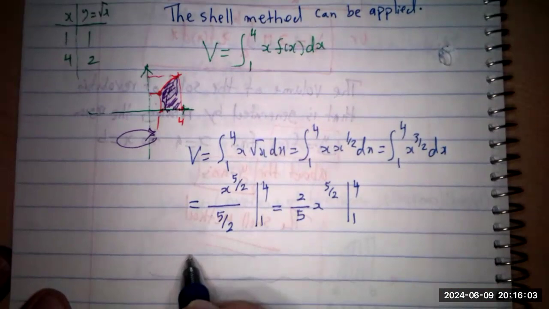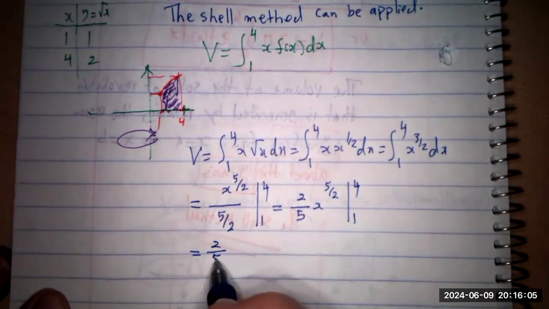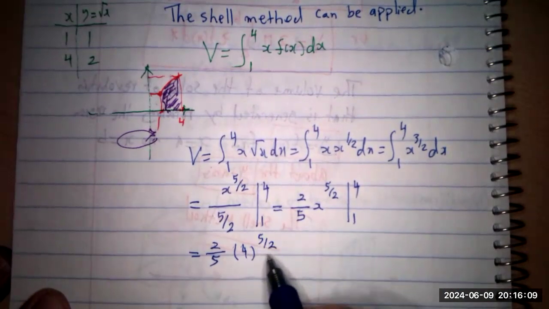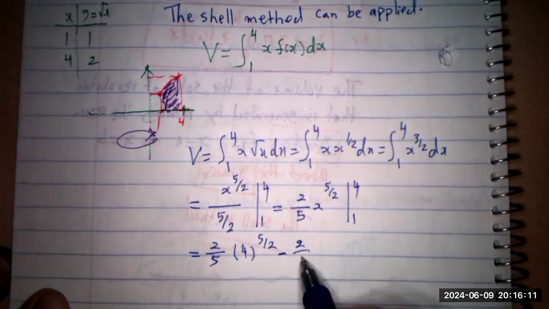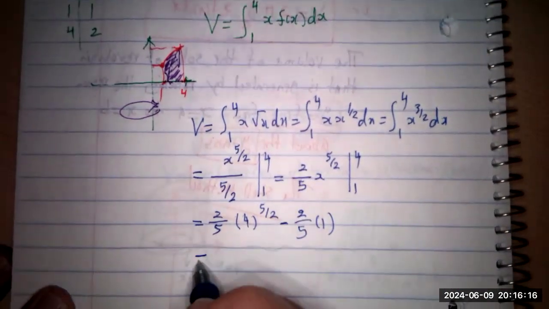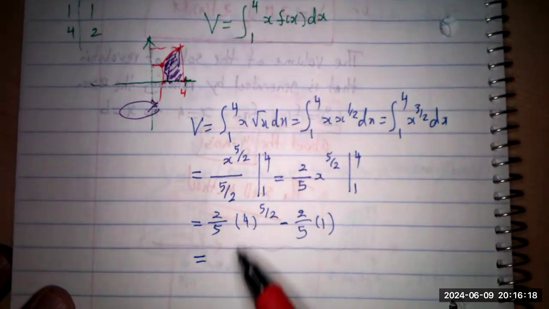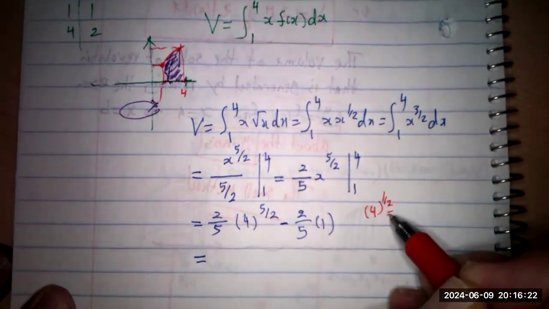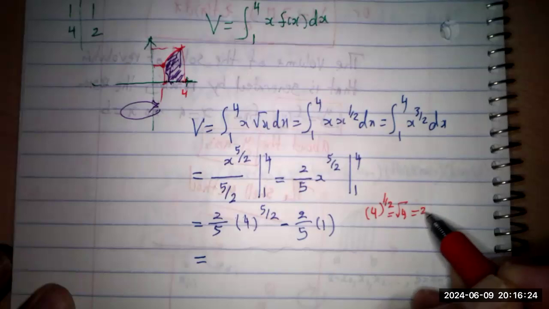Now you substitute. It's going to be 2/5. You can use your calculator to get these numbers. 4 to the 5/2 minus 2/5 times 1. So 4 to the 1/2 would be radical 4, which is 2.